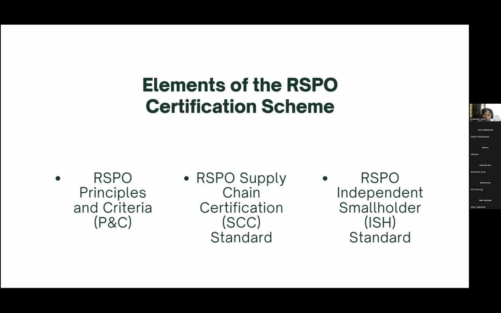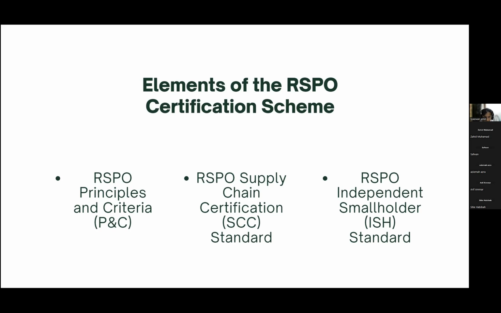The elements of the RSPO certification scheme. First, RSPO Principles and Criteria (P&C), a series of auditable requirements used by organizations in the palm oil supply chain to demonstrate a system for control of RSPO certified palm oil products.